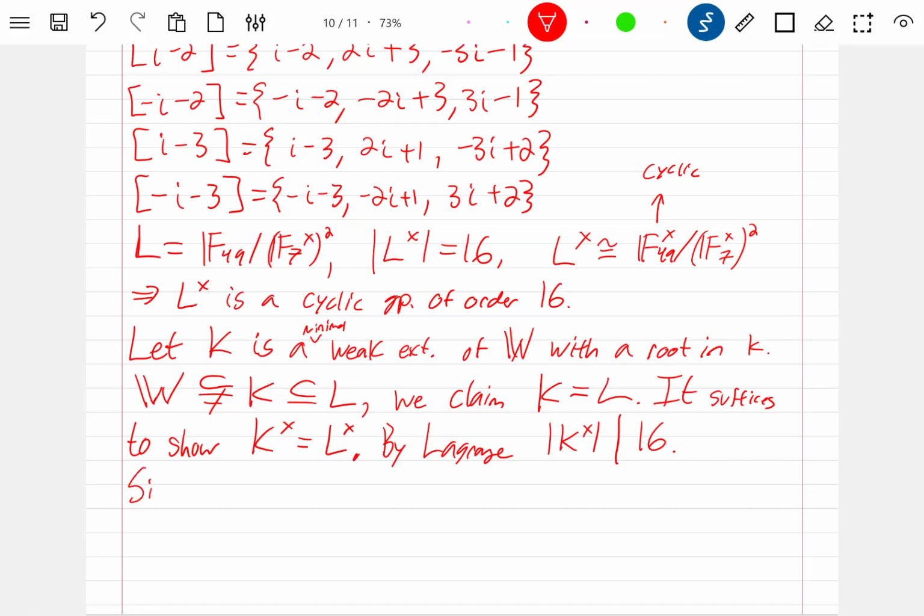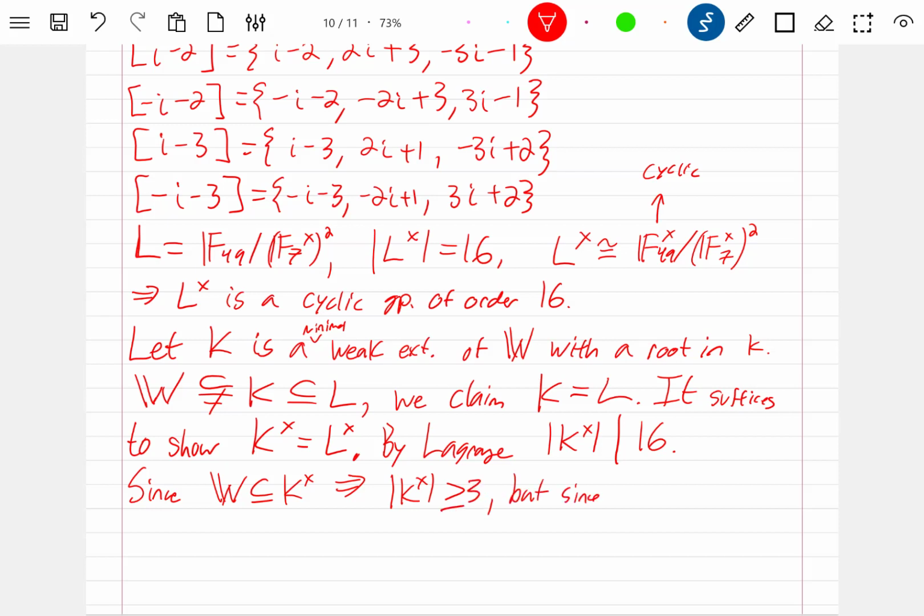Since we know that it contains W, this implies that the size of K is at least 3.